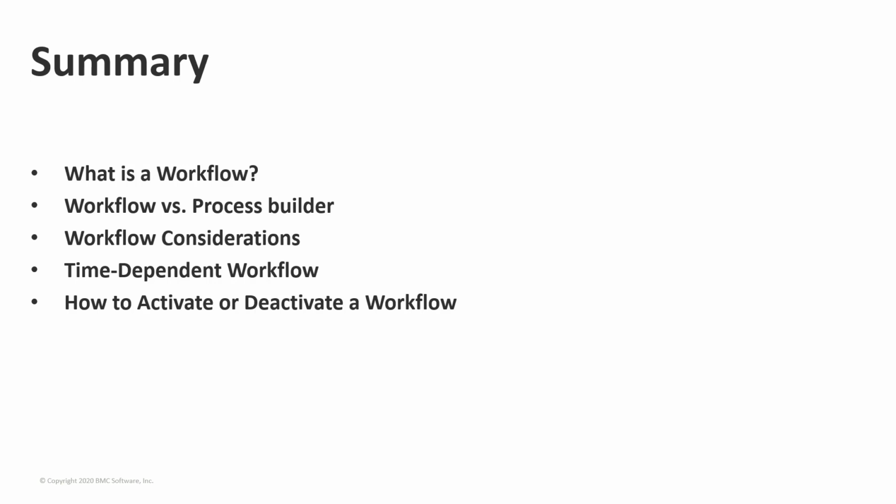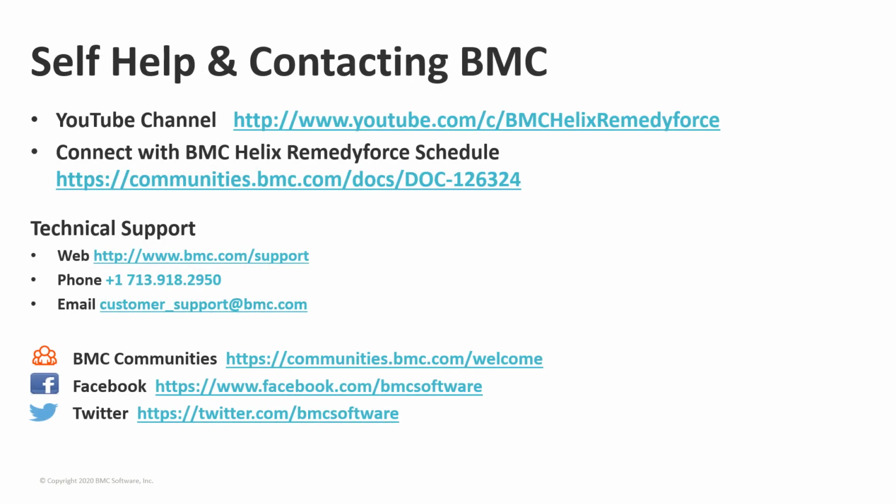You can also perform some actions in the future, just like we did with time-dependent workflows. This is also very helpful because it allows you to update records or send email alerts in the future using a workflow rule. And I also showed you how to activate or deactivate workflows.